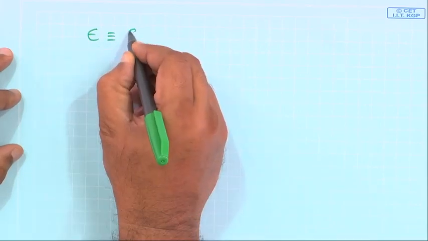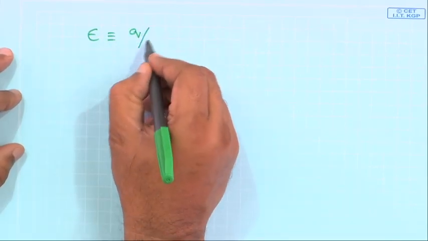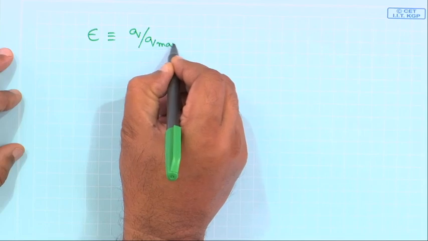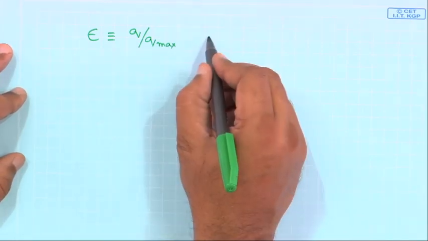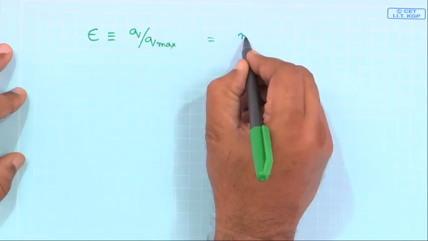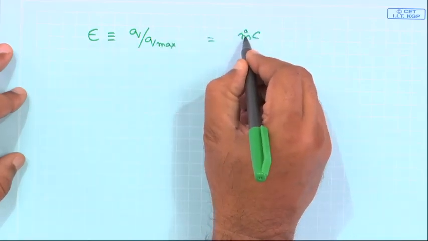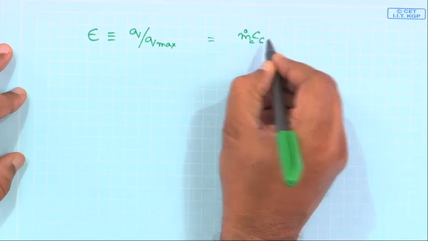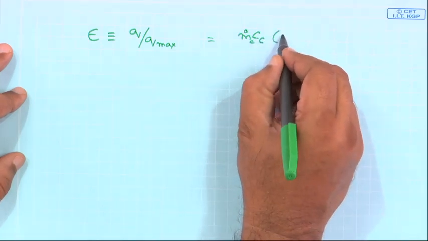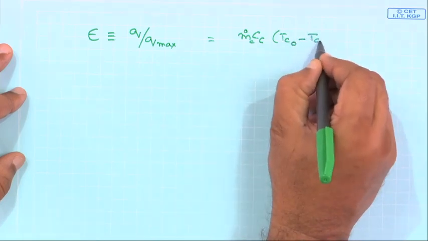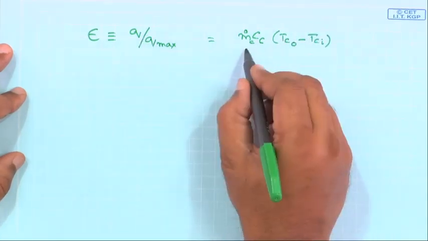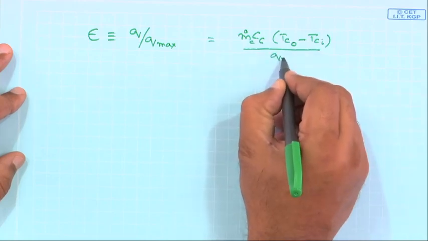So, therefore, the next part is rather straightforward. The epsilon by definition is whatever be the heat that is transferred divided by the maximum amount of heat which could be transferred in this condition. So, the heat that is transferred is m dot of the cold fluid times C of the cold fluid times T C at the outlet minus T C at the inlet, divided by Q max.